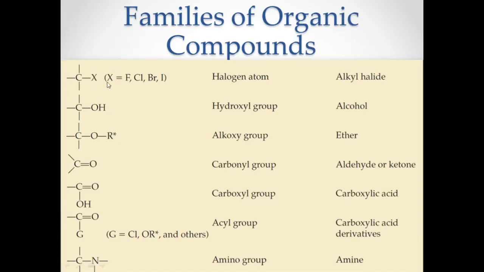If it contains a halogen, like fluorine, chlorine, bromine, and iodine, then it is an alkyl halide. If it contains an OH, then it has a hydroxyl group. So this is what we call a hydroxyl group. Then it is an alcohol.